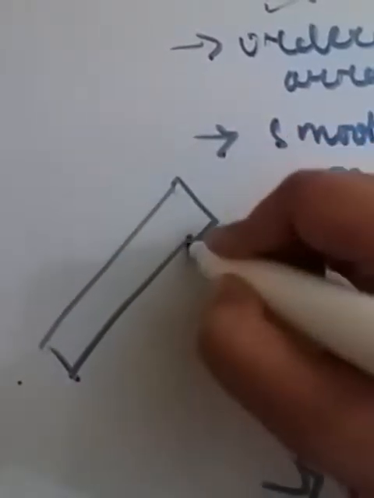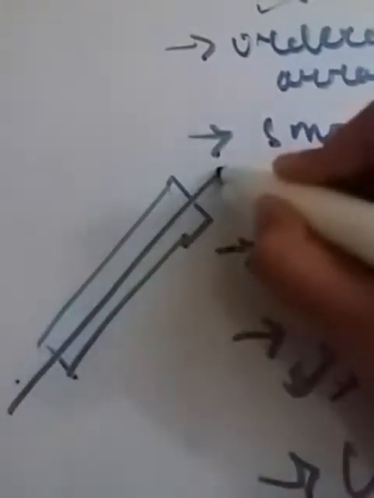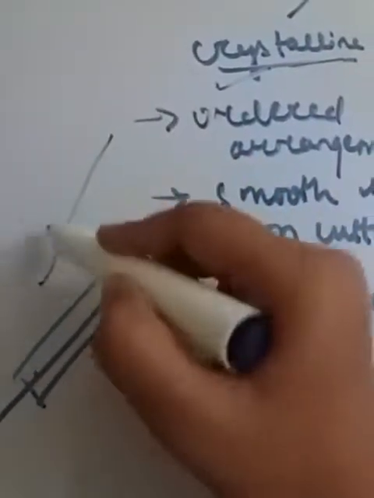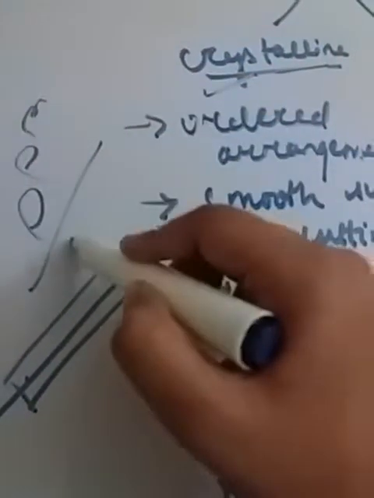When you break something in crystalline, it splits in a single direction, not like glass. When you break glass, it shatters, and you get pieces falling and spreading.